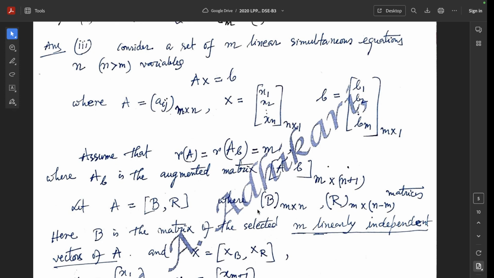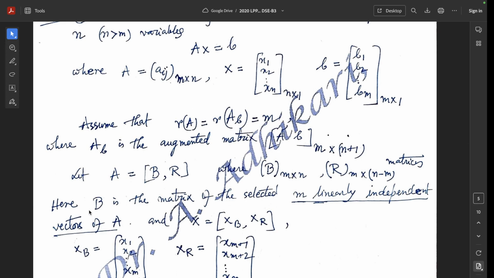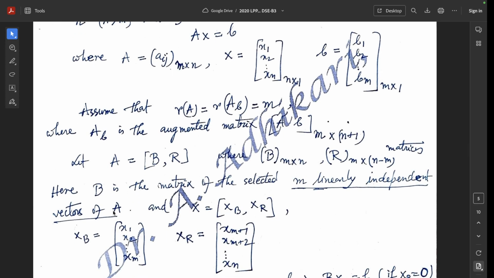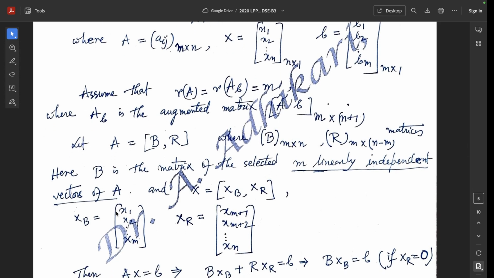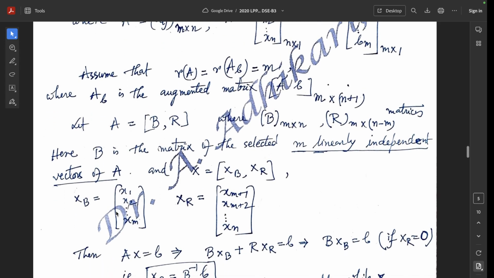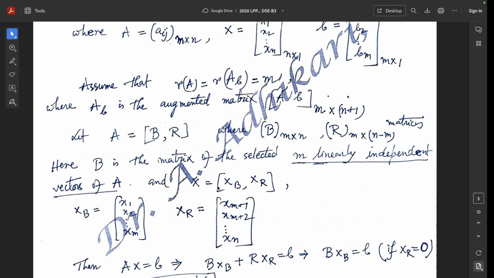Here B is the basis matrix, and R is m by n minus m. Here B is the matrix of selected m linearly independent vectors. Actually, this is an m by m matrix.